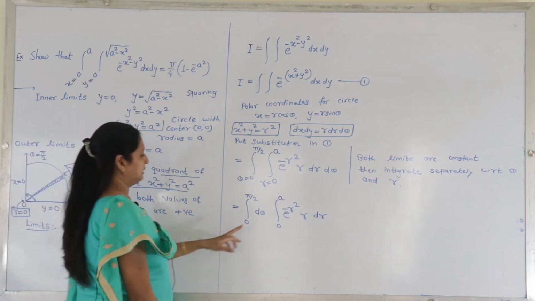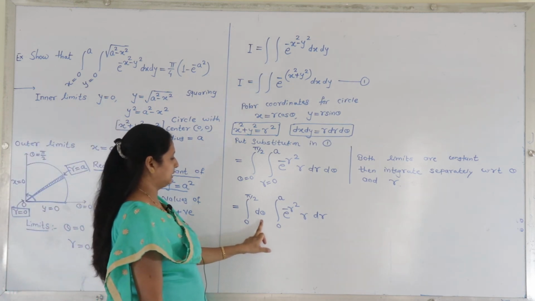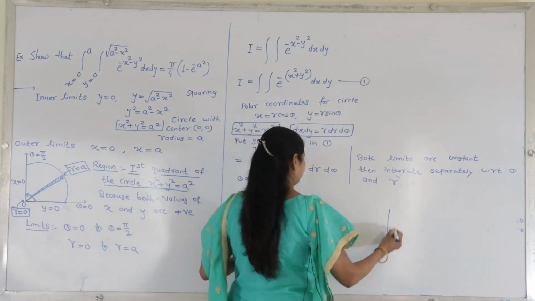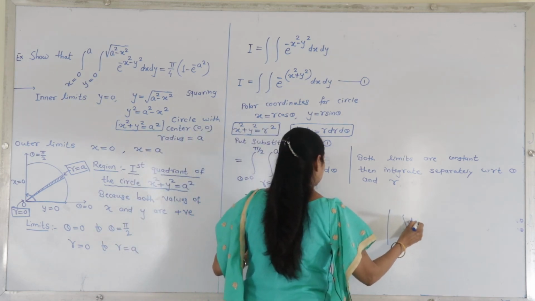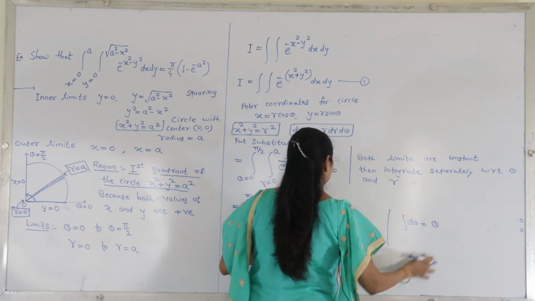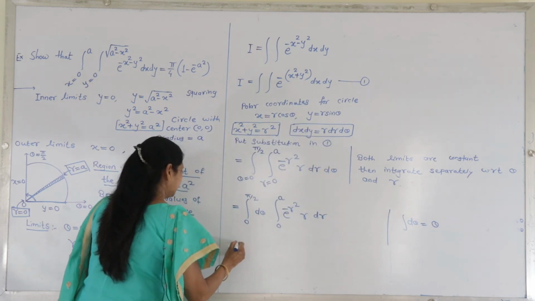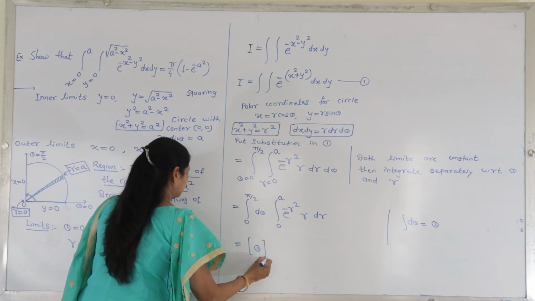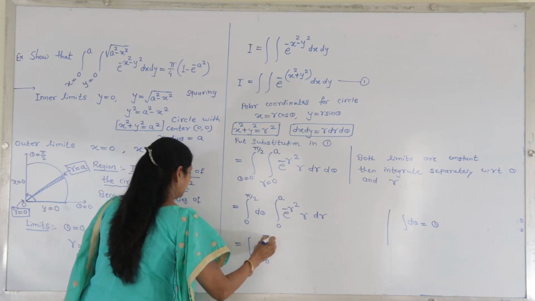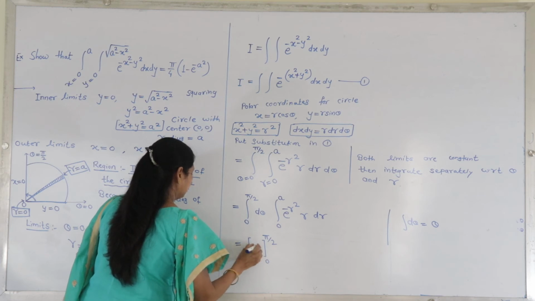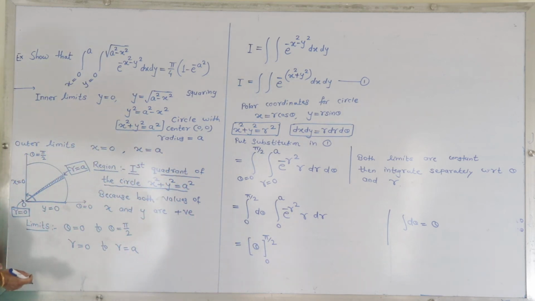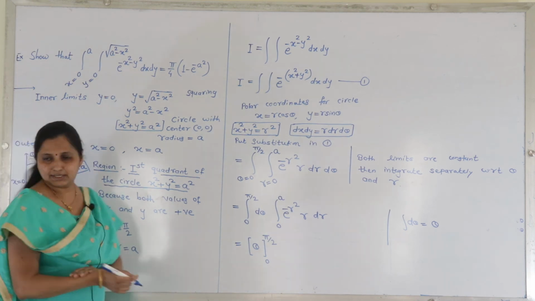Now integrate separately with respect to theta. You can integrate easily. Integration of d theta is only theta, first solve 0 to pi by 2. But for the second integration we have to make some adjustment.